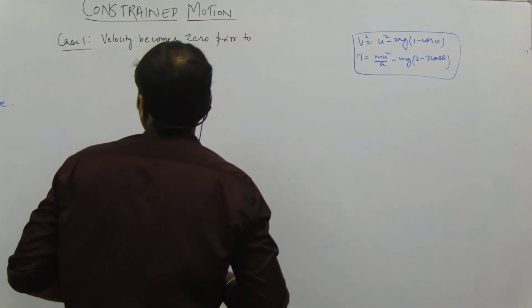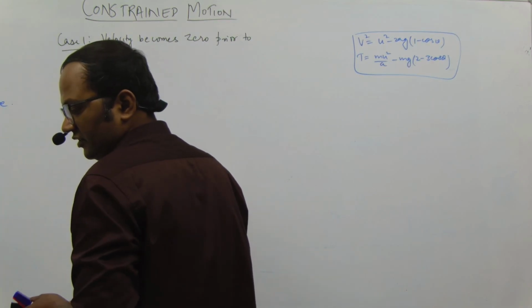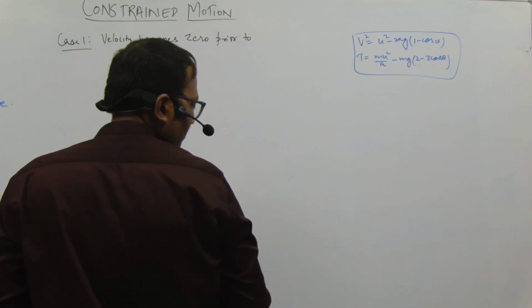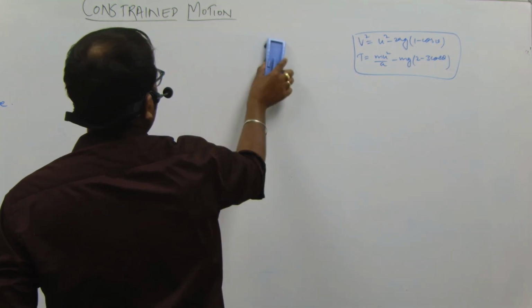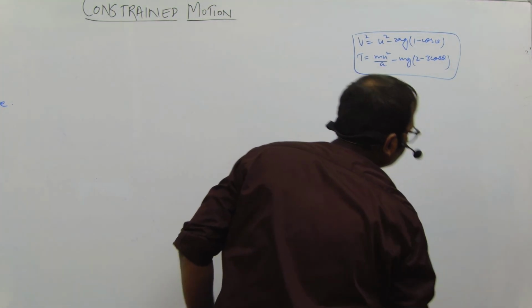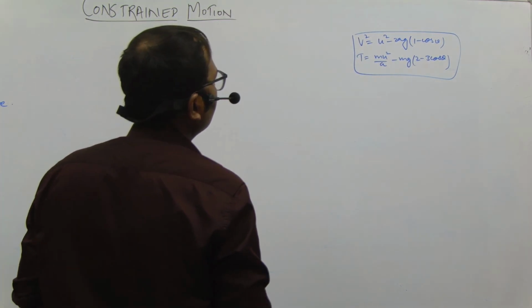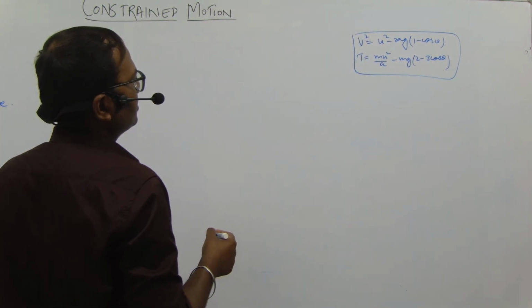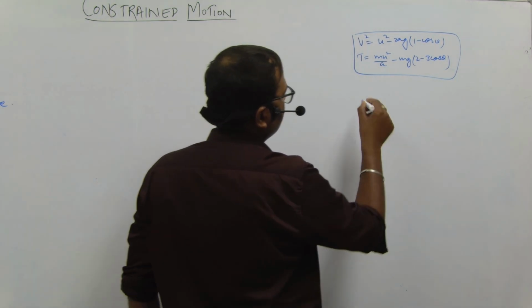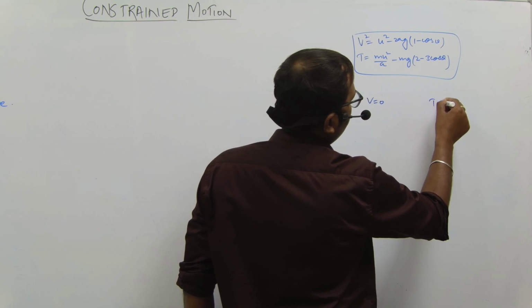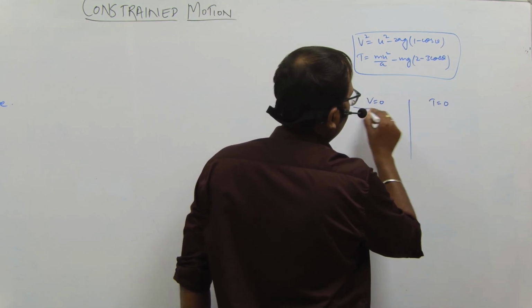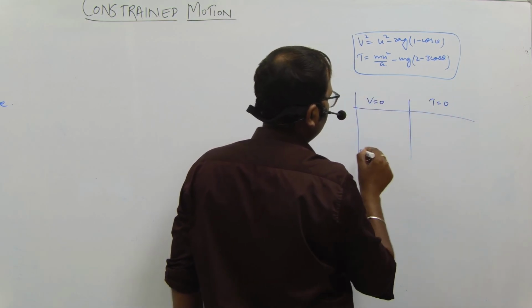So before dealing with the cases, let us proceed for finding the values of theta at which the velocity becomes 0 and tension becomes 0. Okay, so we have velocity is equal to 0 and tension is equal to 0.